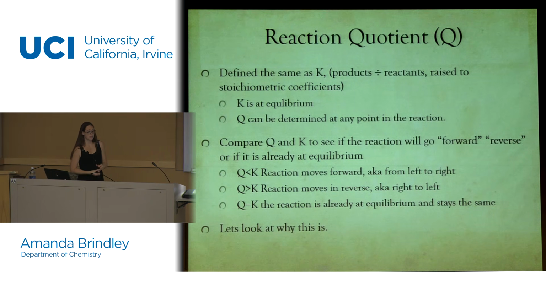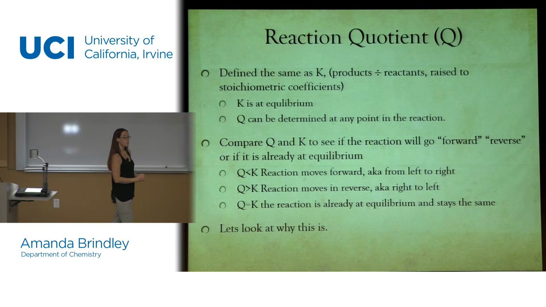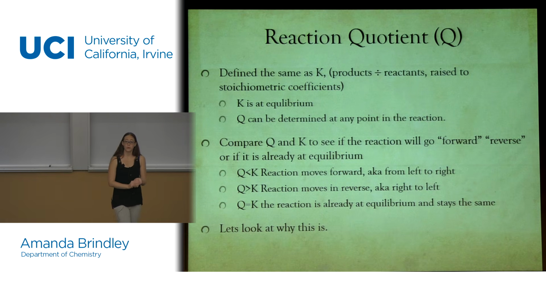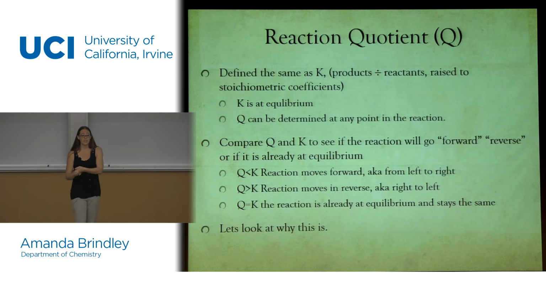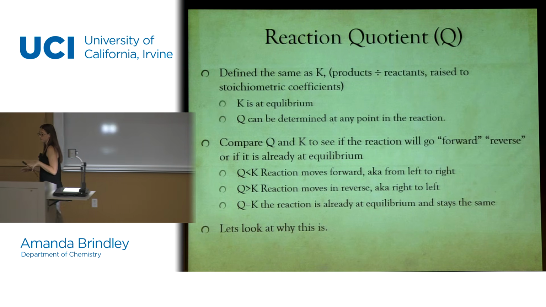Now, what this lets us do is tell which way the reaction is going to shift, because we know what K is equal to. So if we either are given Q or we calculate Q, we can compare it to K and say, what is that reaction going to do to reach equilibrium? Because if Q is not the same thing as K, it's not going to be at equilibrium.